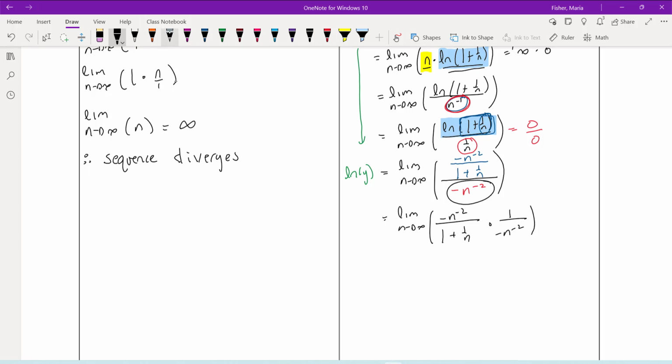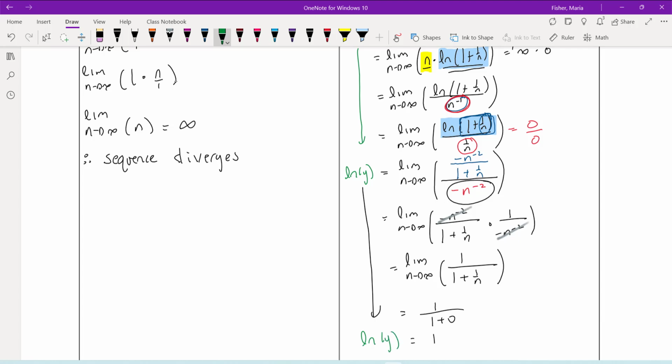Well, now we notice that our negative n to the negative seconds will cancel, and all we're left with is the limit as n goes to infinity of 1 over 1 plus 1 over n. Now if we take the limit, we end up with 1 over 1 plus 0, or just 1. That means that the natural log of y is equal to 1.